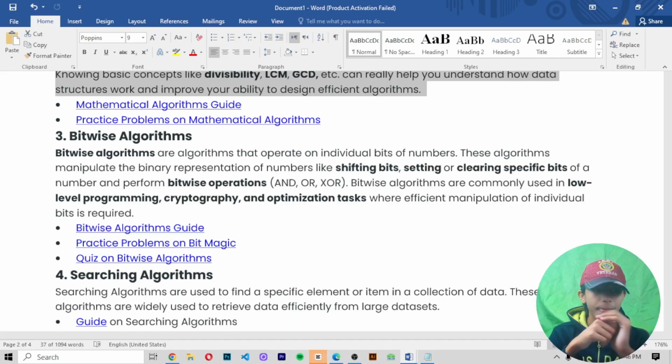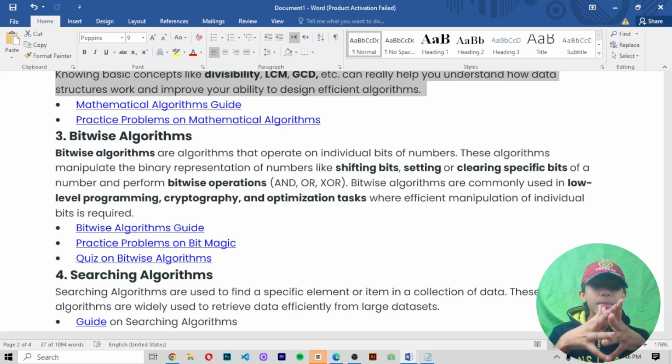So let's start. Bitwise algorithms are algorithms that operate on the individual bits of a number, and in every algorithm there is math.